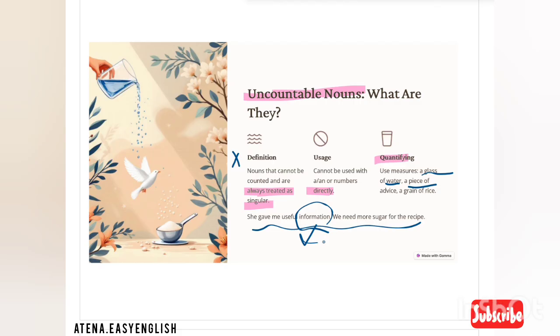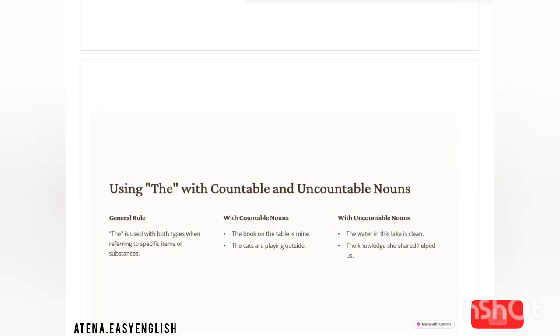The next example: we need more sugar for the recipe. Look at here, more sugar. Sugar is uncountable. So before that, we don't use a, an, or a number. Some sugar, more sugar. That's great. So this is all about uncountable nouns.